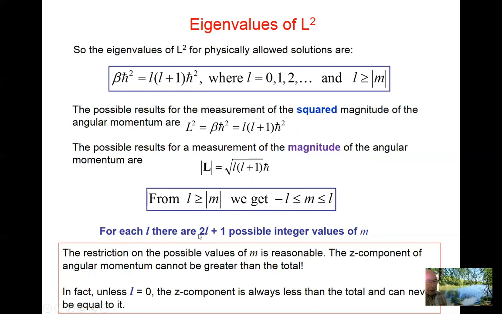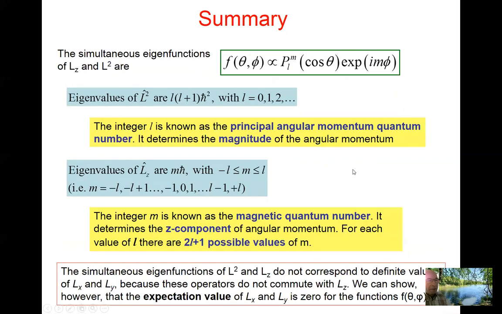For each L, there are 2L plus 1 possible integer values of M, which gives rise to familiar Px, Py, and Pz functions, or d x squared, z squared, etc. functions, which we'll see later.